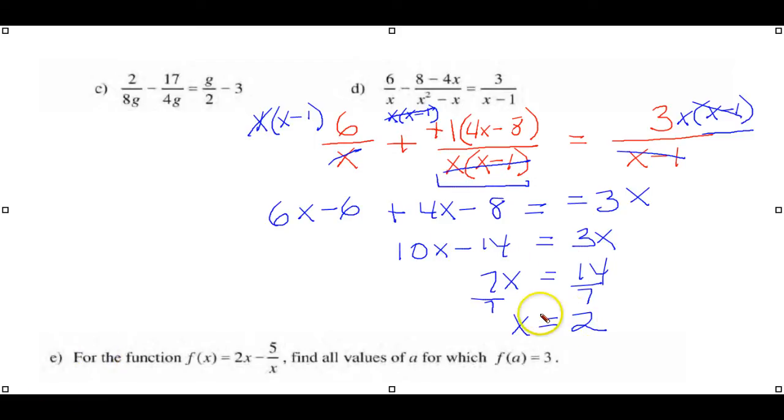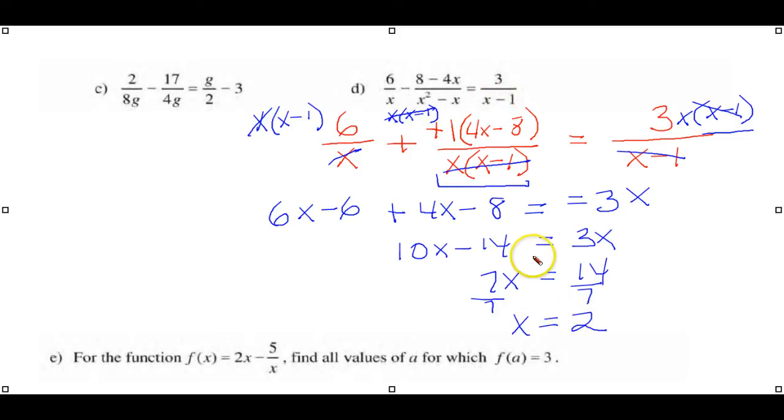Now, something I haven't mentioned yet, but is in our textbook, and we should mention it, is that if we get an answer like x equals 2, and if we were to put that in the denominator, and that value of 2 made our denominator a 0, then that would not be a solution.